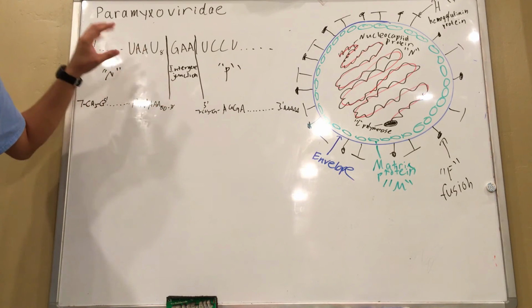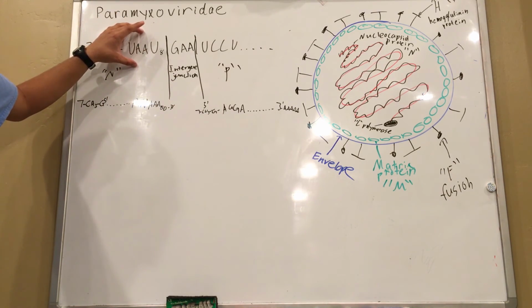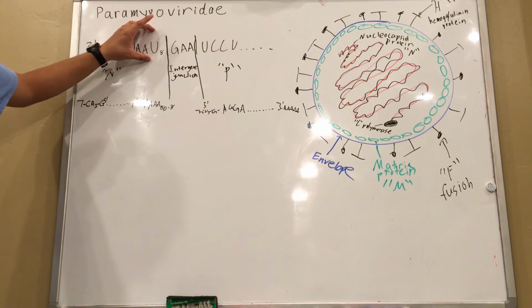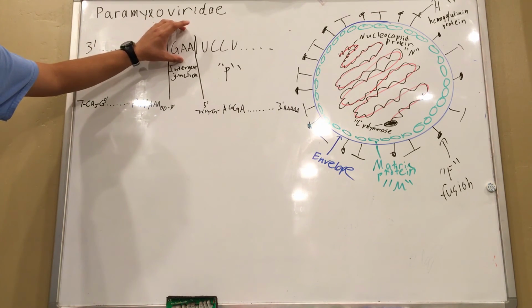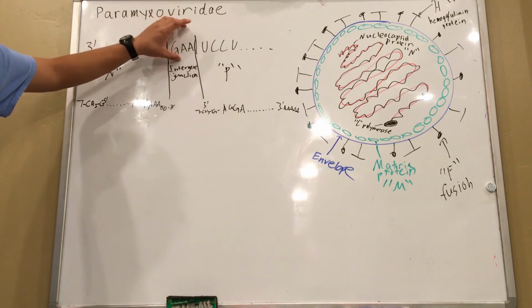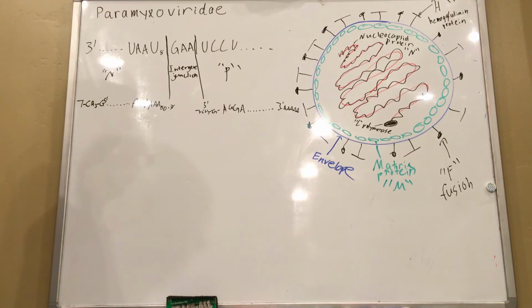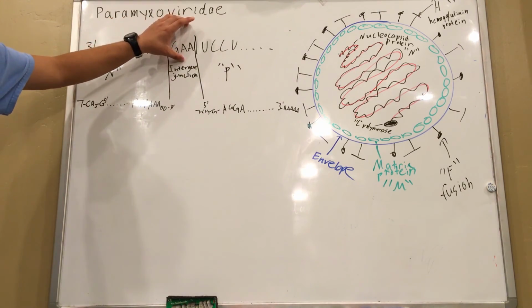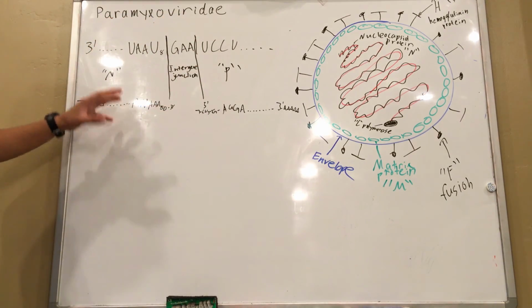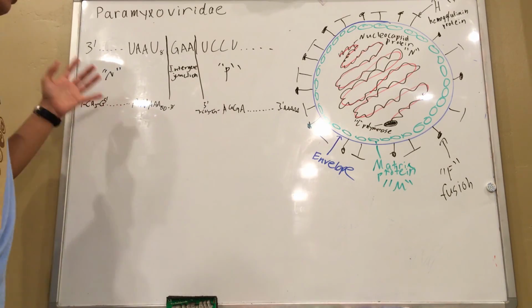You don't transcribe the intergene junction, but the polymerase can read through the poly U area, go through here without falling off, and then it can continue transcribing the P and so forth. Or it can stop right here, it can fall off, and all you get is just a bunch of that.